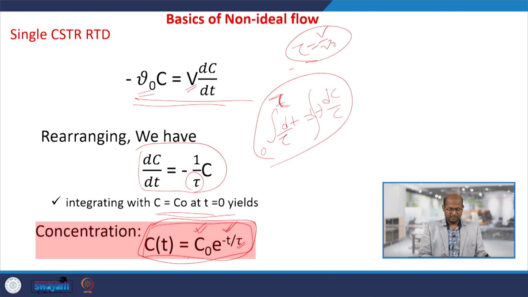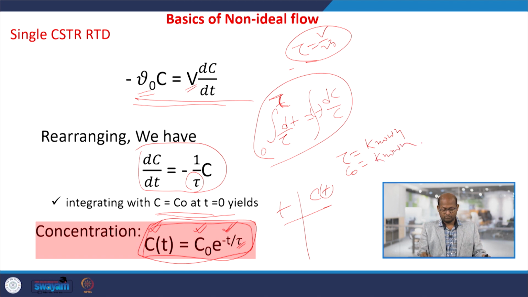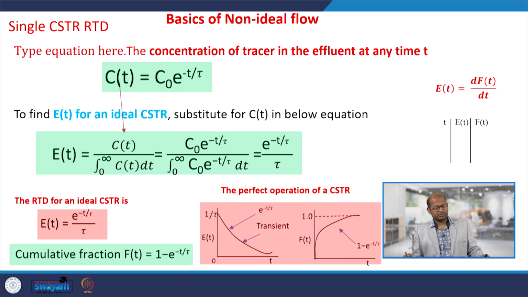Here t is the variable and C(t) is the variable. The rest, tau and C 0, are known constant values. So then we can find out the effluent concentration.